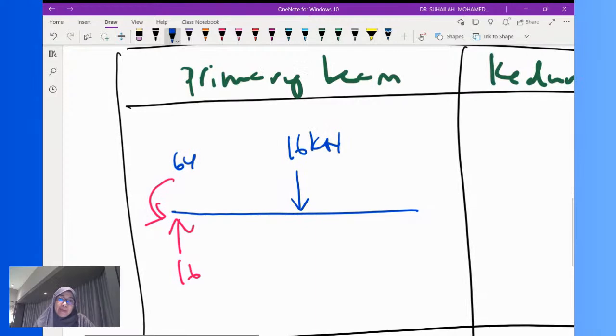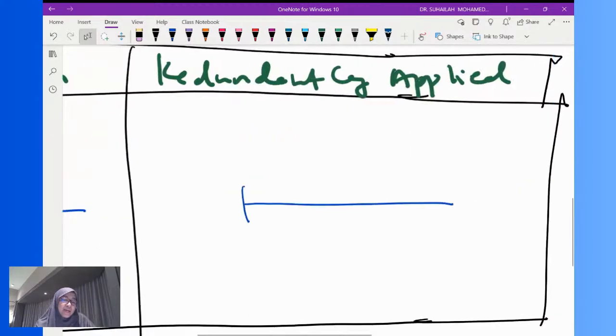In the primary beam, the external loading remains, but in the redundant beam, the only load applied to the beam is a unit value, just like a virtual system. It is subjected to a unit value of CY, so this value is positive 1.